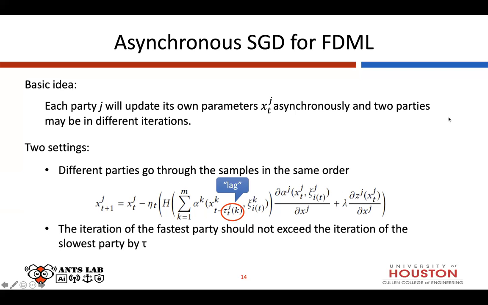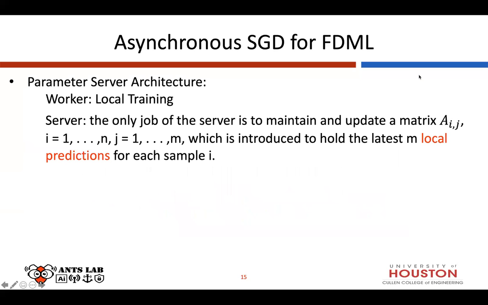Okay, let's move on and see some details of their method. They still consider a parameter server architecture. From the worker point of view, all the local training is executed on the worker, which means both the forward prediction and the backward propagation are executed on the worker.